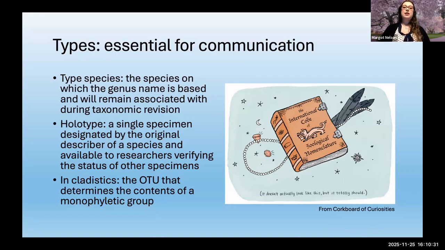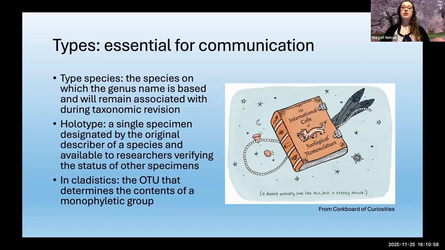The type species is the species upon which the genus name is based and will remain associated with that genus name during taxonomic revision. I like to describe the type species as the thing upon which all other things are compared. The holotype is that single specimen designated by the original describer of a species and available to researchers verifying the status of other specimens.